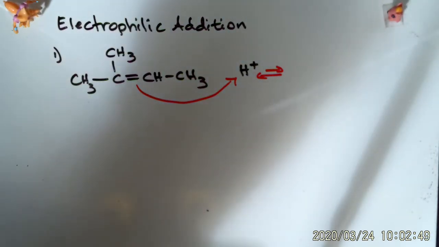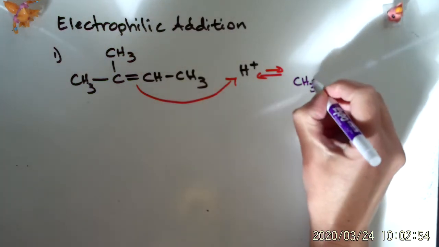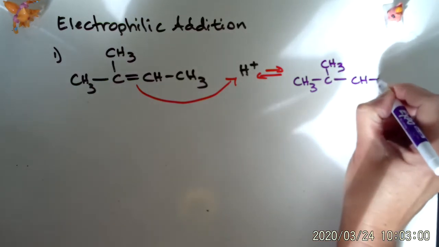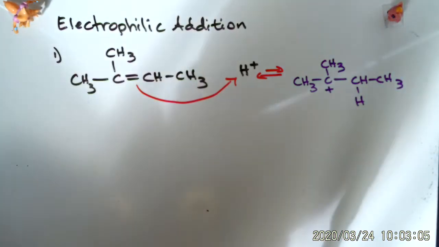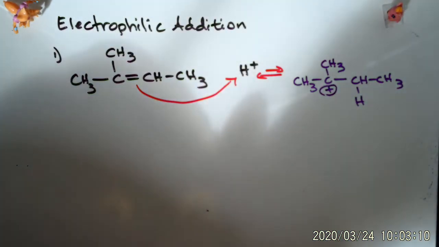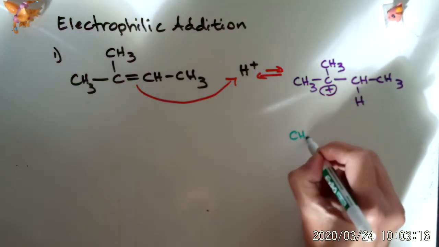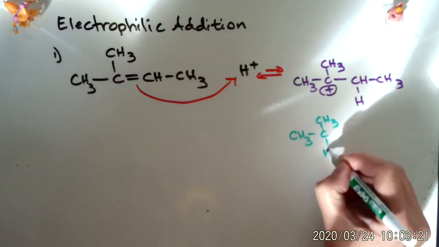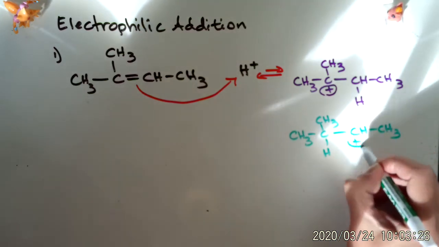For the first product, I would be adding my H plus here and forming my carbocation at this carbon. The other place I can add it would be here, and I'd form my carbocation right here.